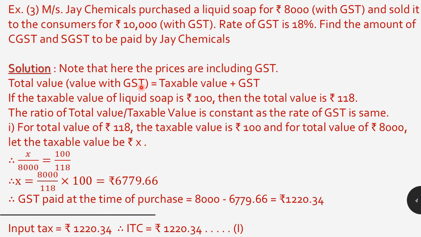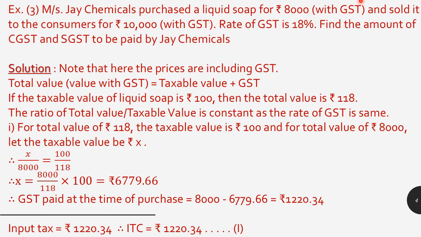Now this is similar to the previous example. The amount and the rate of GST are the same, but there is a very important change. Though the change seems to be small, the effect on the solution is not. J Chemicals purchased a liquid soap for rupees 8,000 with GST.